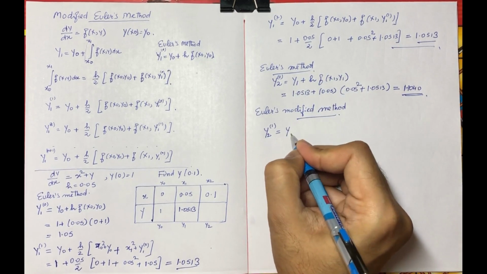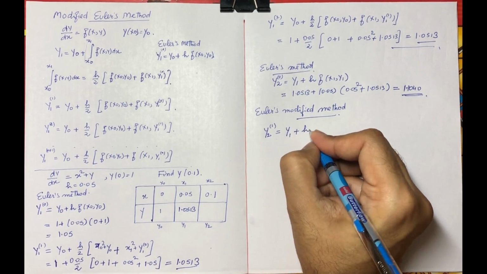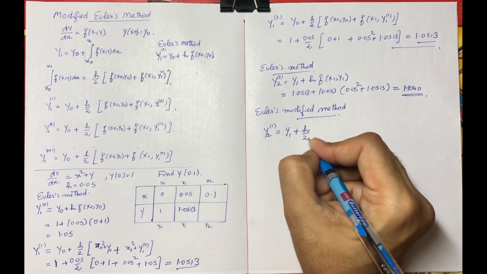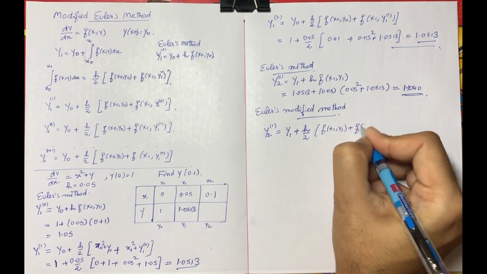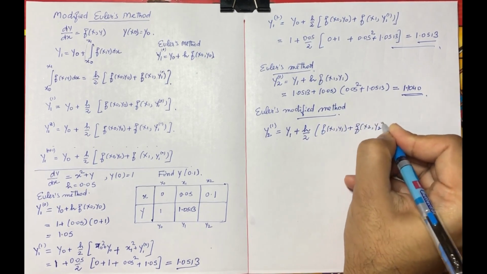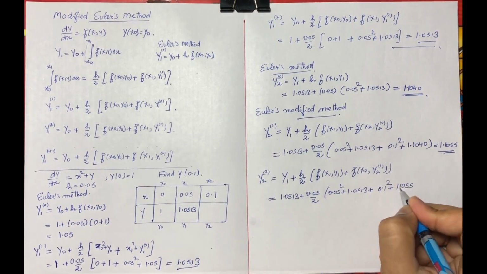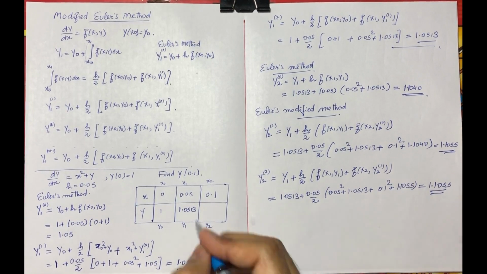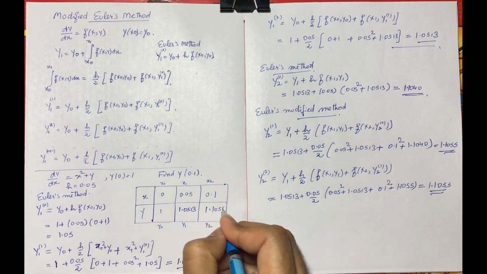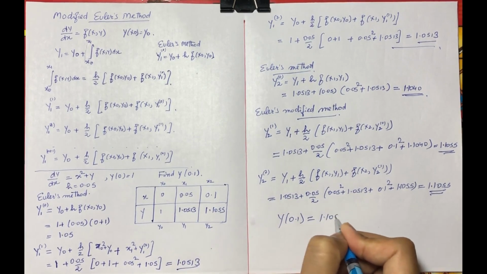Then y1 plus h by 2 times f(x1, y1) plus f(x2, y2^(0)). Substituting all the values and after solving you will see this again comes to be the same. So these two are the same, so the solution is 1.1055. Hence the desired solution of the differential equation is 1.1055.